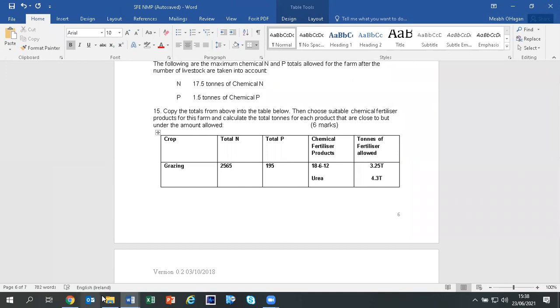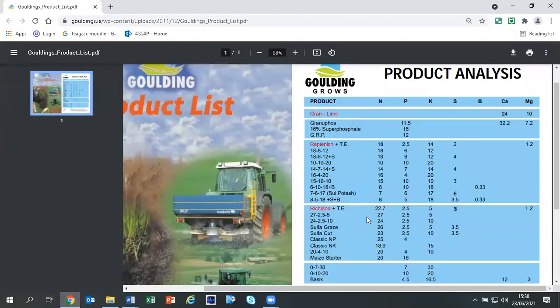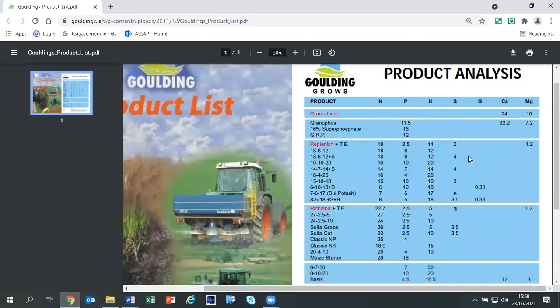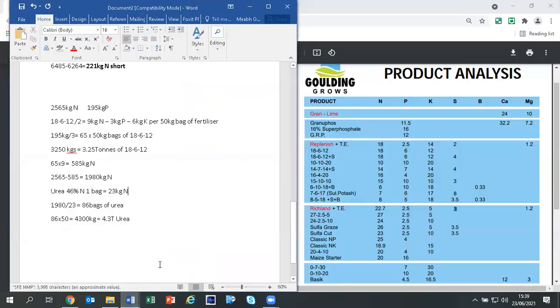So the most important thing that we need to do is always double check that we are not going over our limitations. Have a good look through the fertilizer to save yourself time, because there are so many products available. By trying to find one that has a close enough ratio can help. But always make sure that if you are well short of your requirements, that you come in with another fertilizer to bring you close enough to what is required.